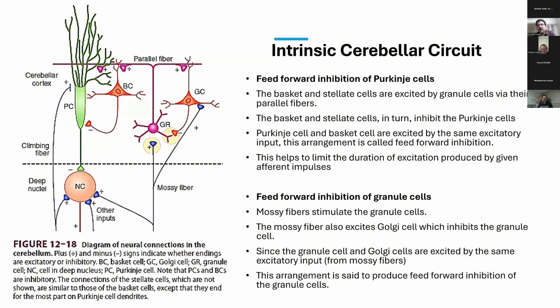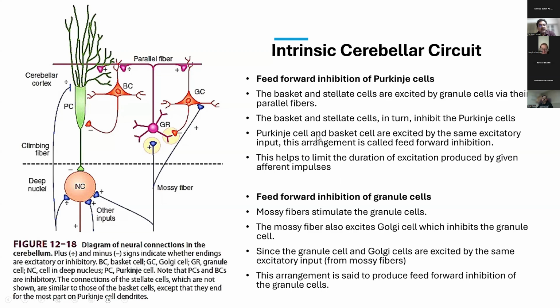So this is how the cerebellum works. A single excitatory stimulus can go upward, excites everything, and similarly, the same signal is inhibiting through the Purkinje fibers. The Purkinje cell and the basket cells are excited by the same excitatory input. This arrangement is called feed forward inhibition.